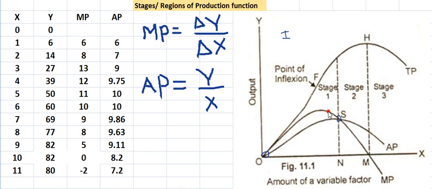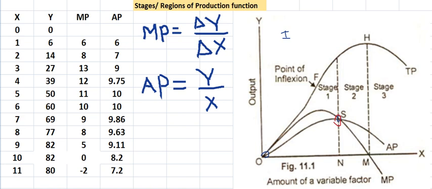It means there is scope to increase the level of resources in order to get maximum yield or production in a particular production activity. And as soon as the marginal product equals average product, this is the end point of this first zone of production function.